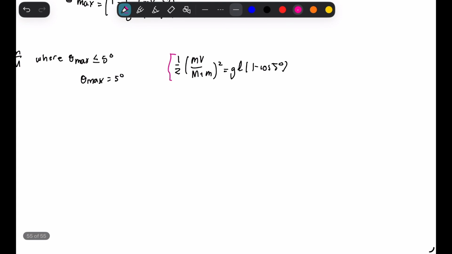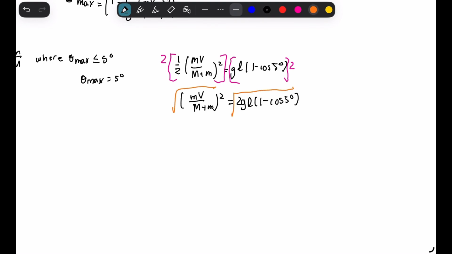Here, you're going to multiply both sides by 2. We have (m V / (M + m)) squared is equal to 2 g L (1 - cosine 5 degrees). After this, just take the square root of both sides. We have m V over (M + m), and then you're going to get the root of 2 g L (1 - cosine 5 degrees).